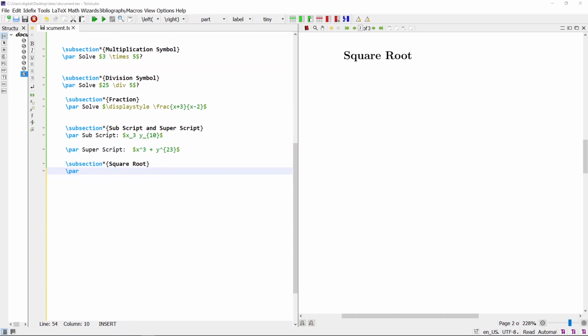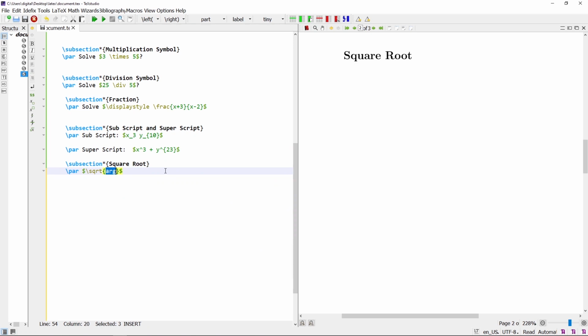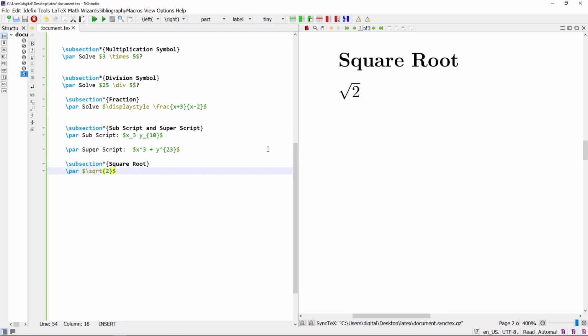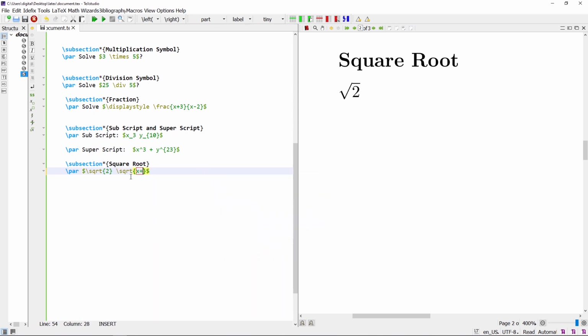The square root is written with the square root command. Write the square root command sqrt. In the curly brackets, write the expression of the square root. For example, 2. The square root of 2 is coming here. In the curly brackets, you can also write long expressions, fractions, etc. For example, sqrt x plus 3.